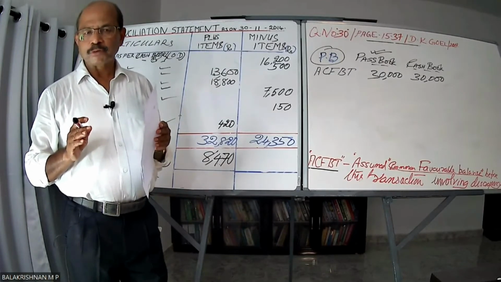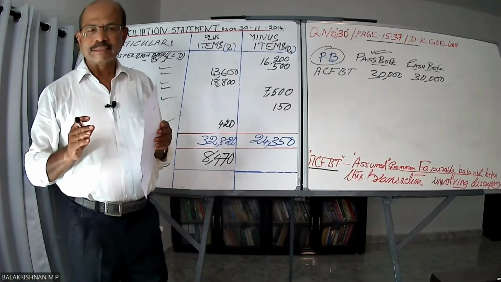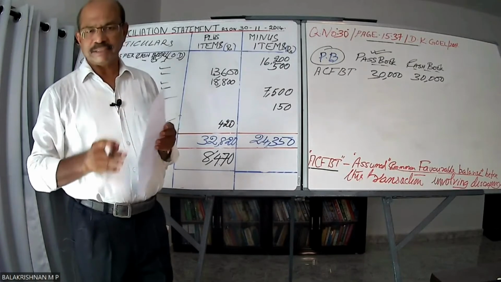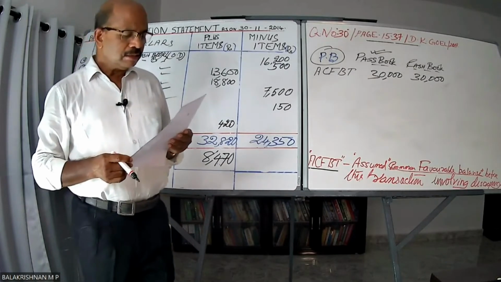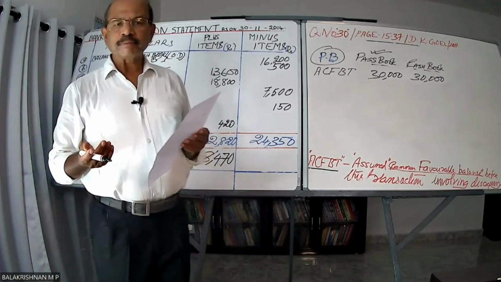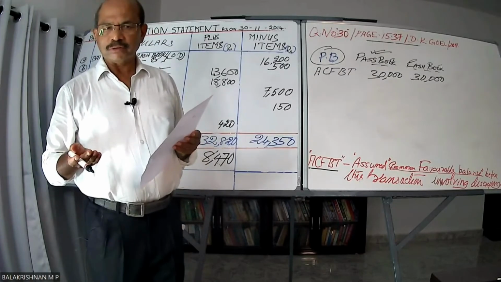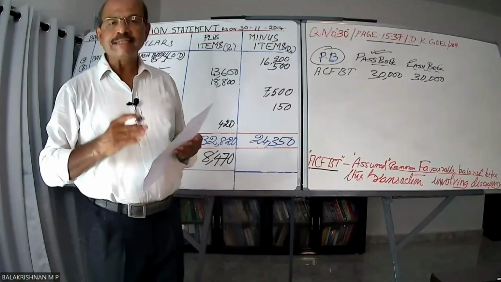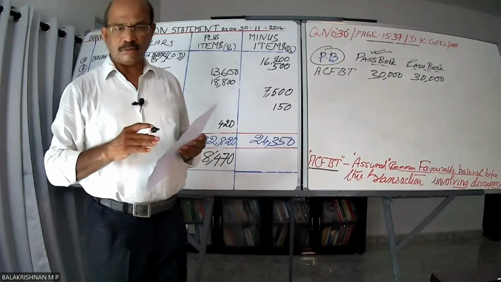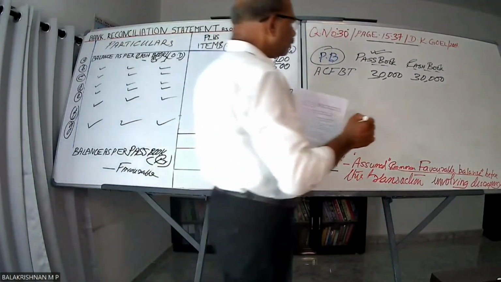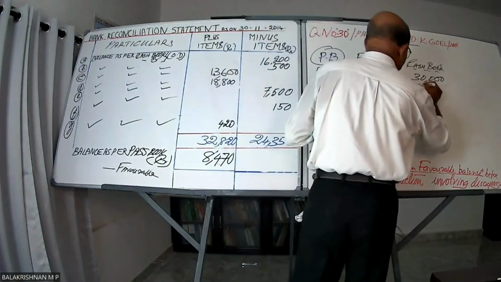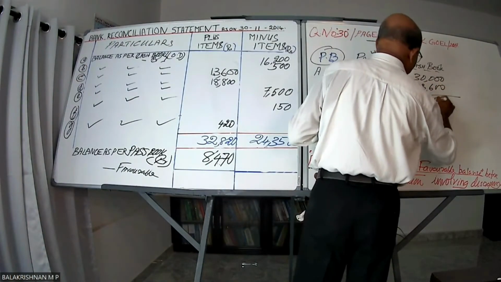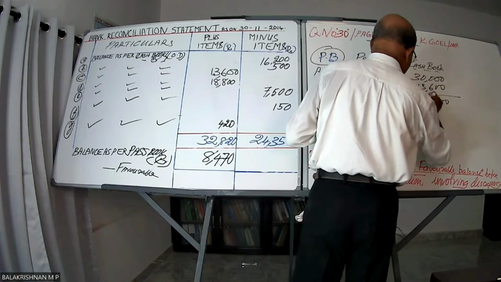You are not supposed to utilize your savings bank check for business purposes. That's an entirely different thing. Here that mistake has been done. He issued to somebody, for some personal purpose, from his personal savings account, some 13,600, which by mistake, erroneously, he has accounted in the business account. As a result, your business cash book has come down by 13,600. Okay, right?